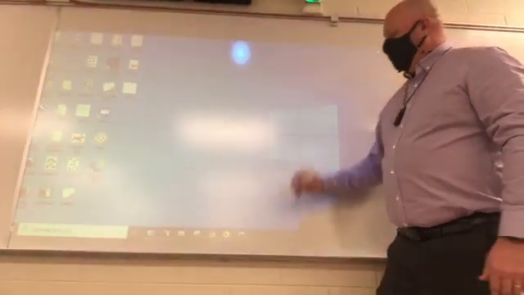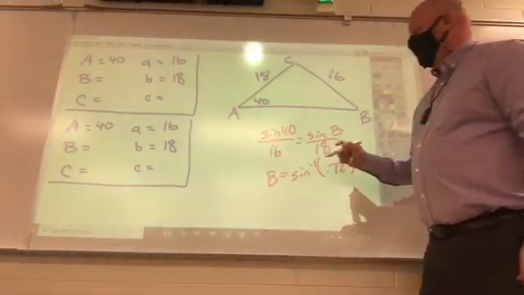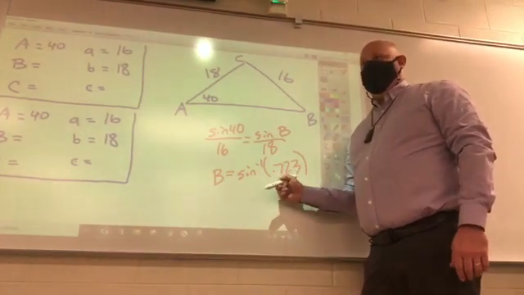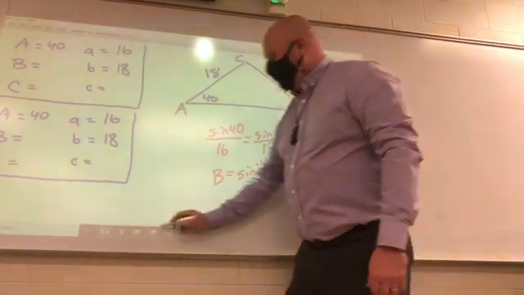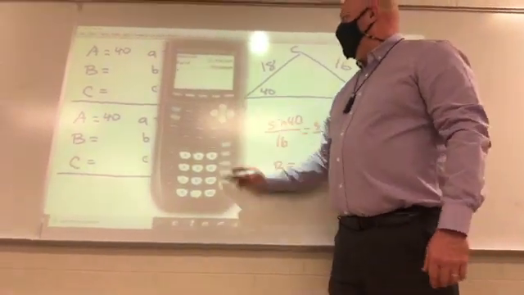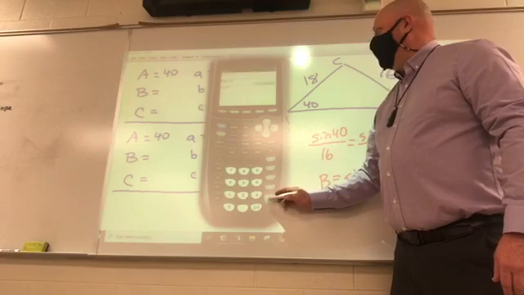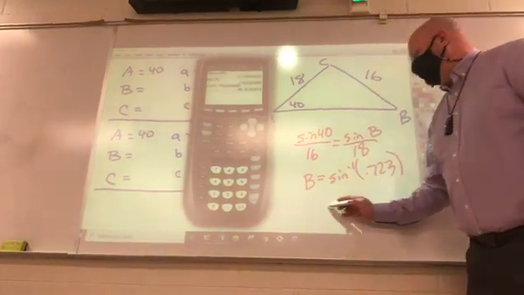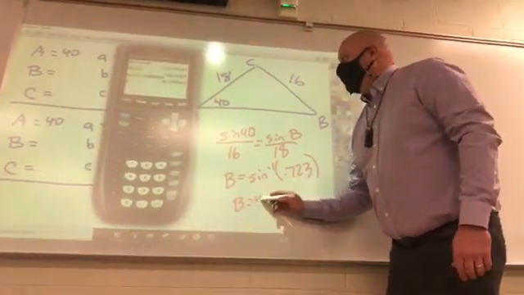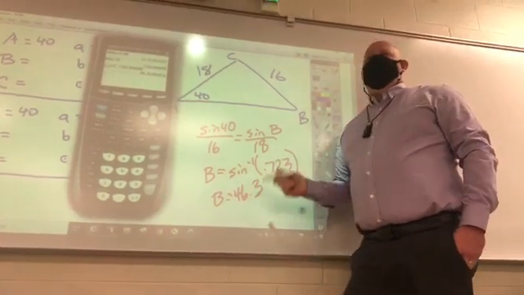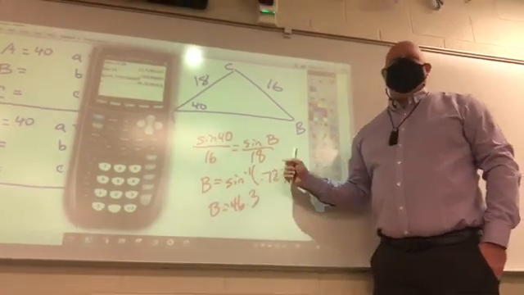So the question becomes, what are the two answers to this proportion? Well, one of the two answers, when I inverse sine that, is 46.3. What other quadrant? Now I'm doing the inverse sine of a positive.